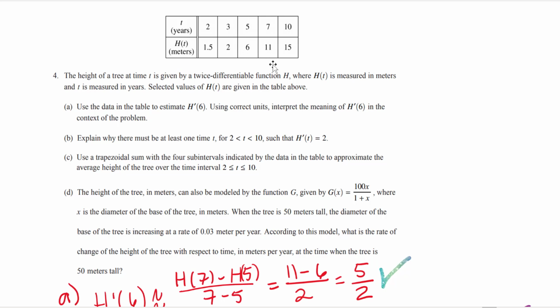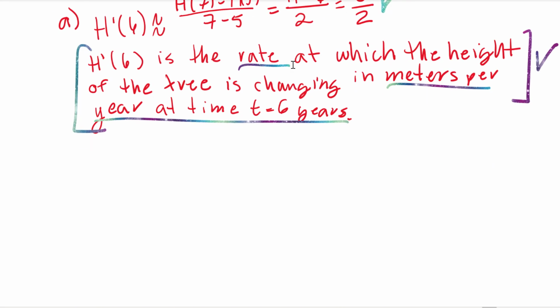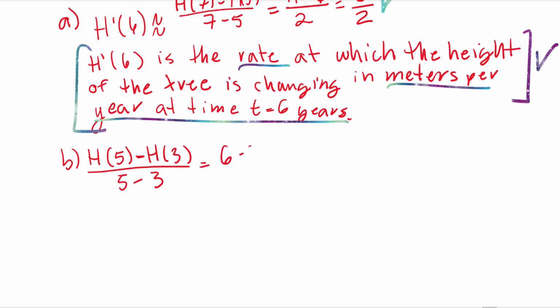So I'm going to check on 5 and 3. h of 5 minus h of 3 divided by 5 minus 3 is equal to 6 minus 2 divided by 2, which is 2.